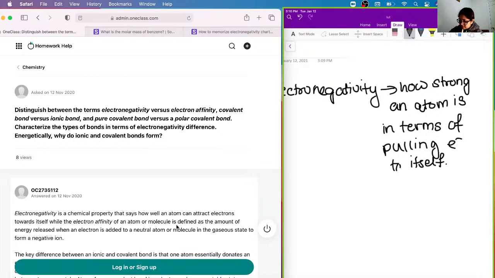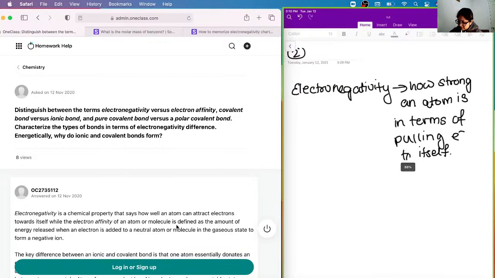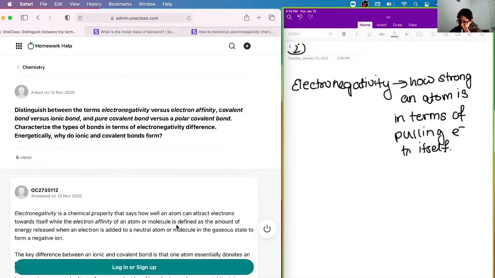Okay, so it's basically like holding on to the electron, and that's what electronegativity is, or how it can attract electrons towards itself.